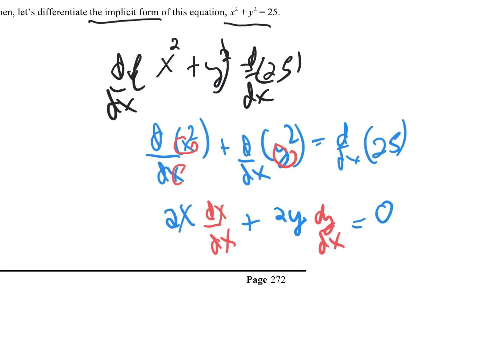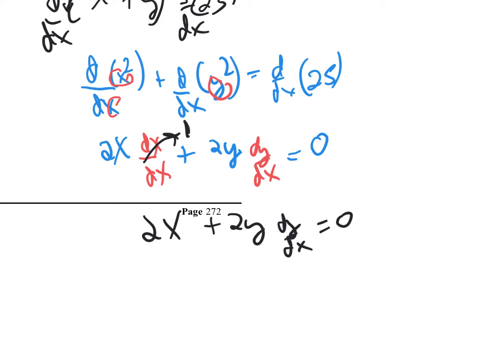Now, dx looks like any other fraction that you've seen. The derivative of x with respect to x is just a 1. So this piece turns into just a 1. Goes away. 2x. However, 2y dy dx does not go away, equals 0. But the whole point was to find dy dx, the derivative with respect to x.